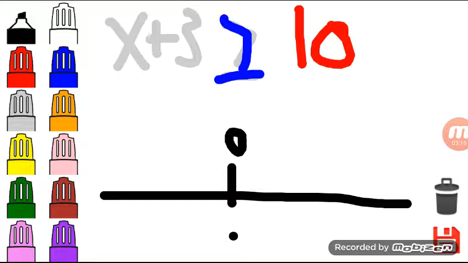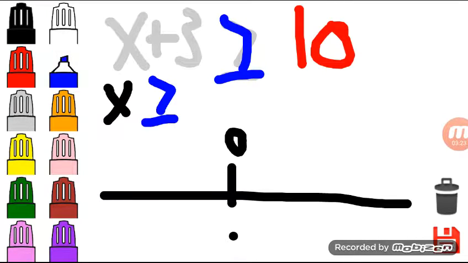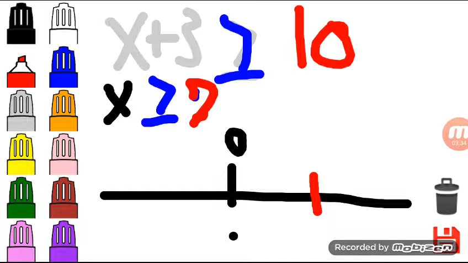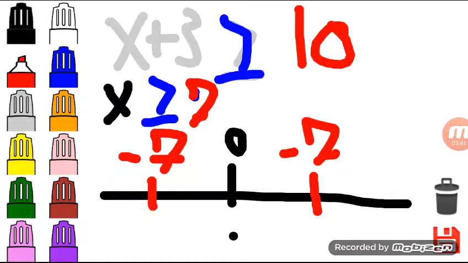The answer for this one, because we solved it last time, is x is greater than or equal to 7. To save time, I'm just going to put 7 here and -7 here. You can put more numbers in; to save time, I'm doing that.